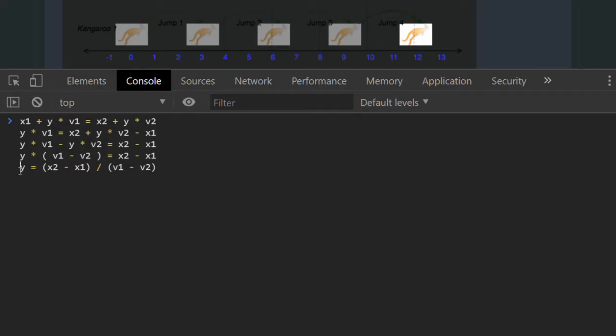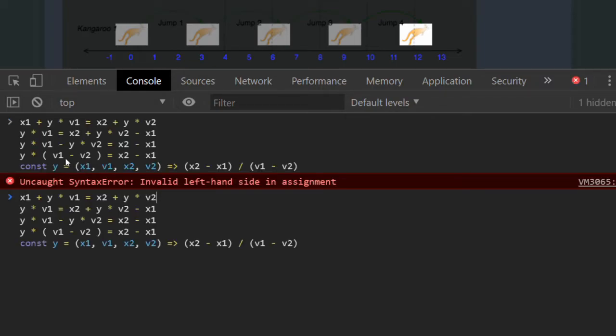So let's try to put it in a function and test it a little bit. So const y should be equal to a function, implicit, sorry. This takes the same arguments in the same order as the function: x1, v1, x2, v2.